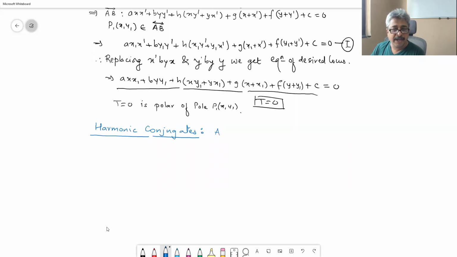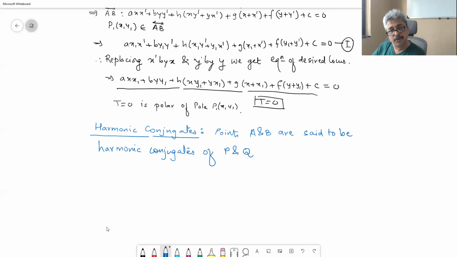Points A and B are said to be harmonic conjugates of P and Q if and only if, one, A, B, P, Q are collinear, and what is the second condition?